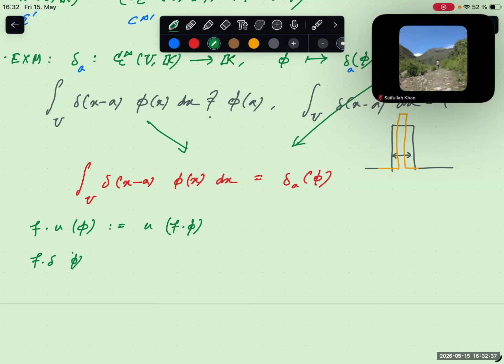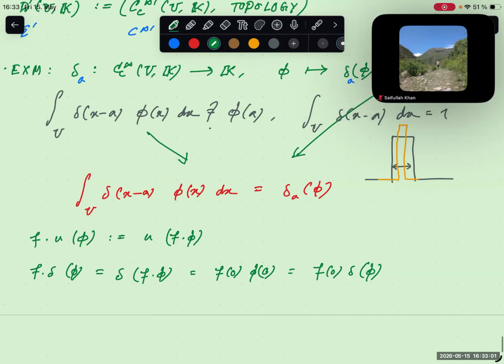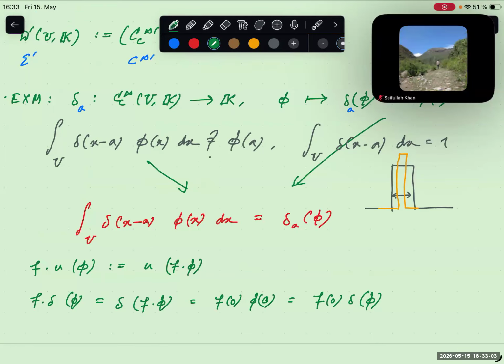Now we just apply it. Dirac delta applied to f of phi means f of 0 times phi of 0, which is f of 0 times Dirac delta of phi. Okay, so this is correct when you use the correct definition, but not in the other sense.